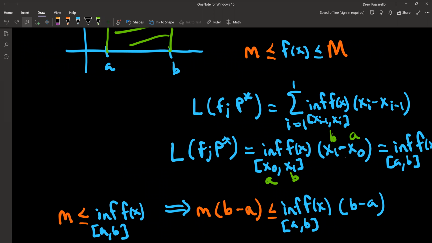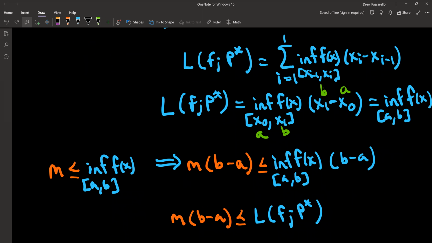But since little m is a lower bound, it's always going to be less than or equal to the infimum of the function on that closed interval [a, b], which would imply that little m times (b minus a) is less than or equal to the inf of the function on [a, b] times (b minus a). And that's the same as saying little m times (b minus a) is less than or equal to the lower sum of this 2-point partition P star.